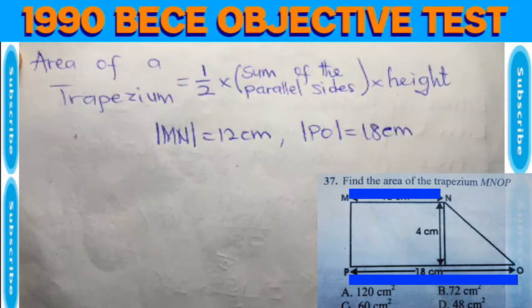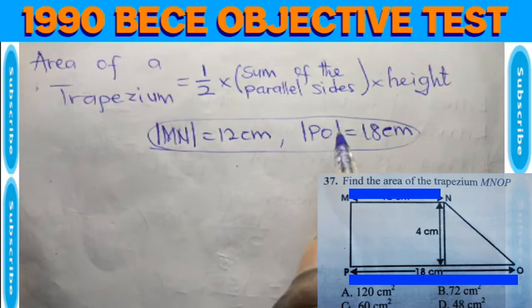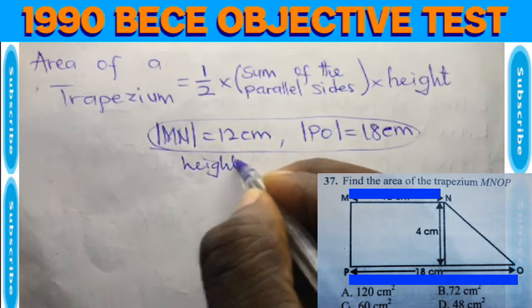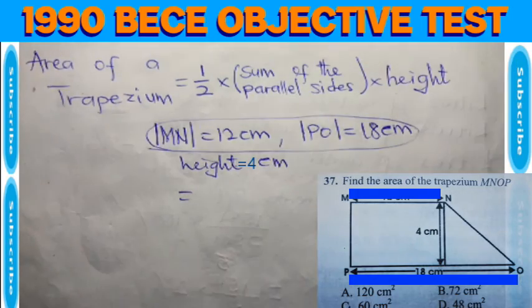So these two are the parallel sides, and the height is 4 centimeters. So now we can find the area of the trapezium.